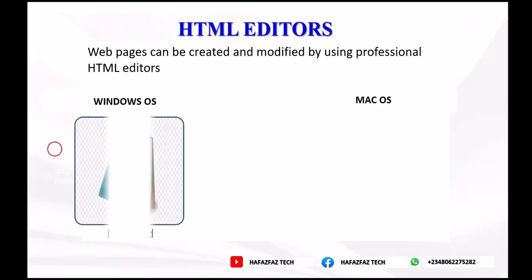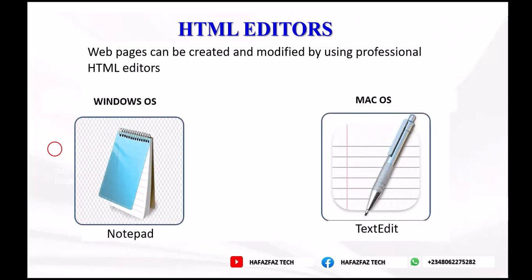Now, we have two default software that used to come with our operating systems. For Windows we have Notepad, and for the Mac operating system you have TextEdit. These two are the default software that come along with our operating systems after they have been installed.